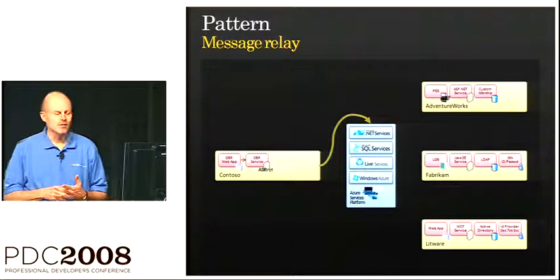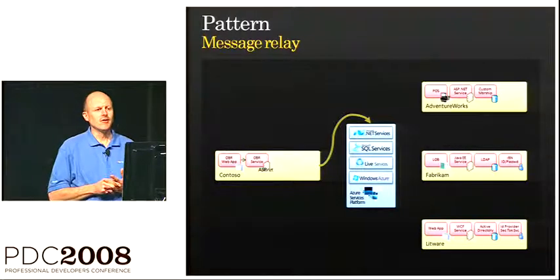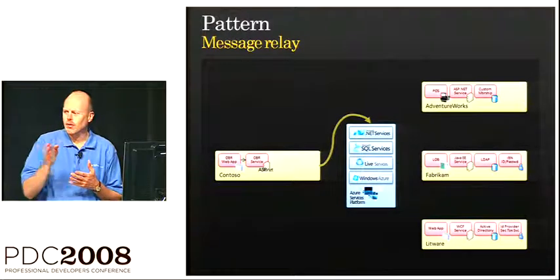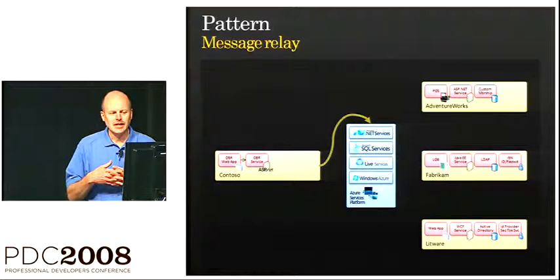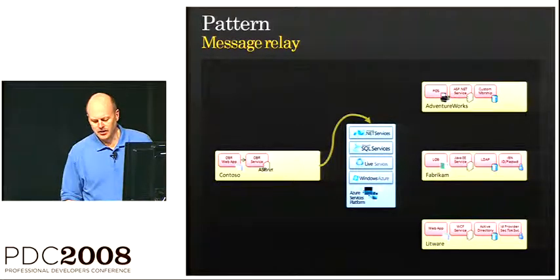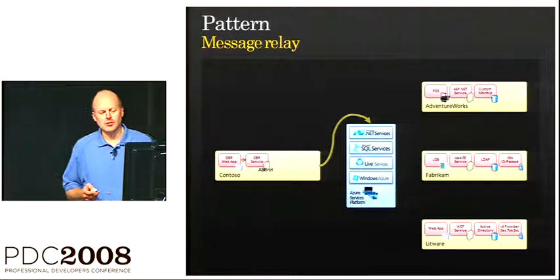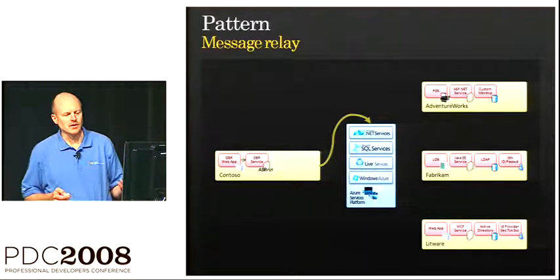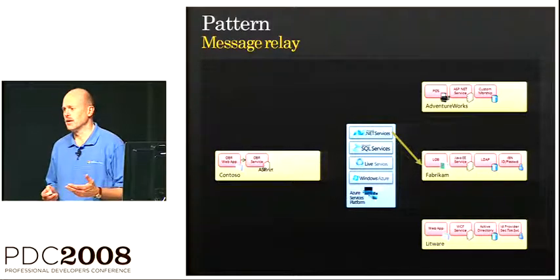The basic idea behind the message relay is that instead of having to have all the connectivity information to contact a remote partner and all the authentication on a point-to-point basis, essentially you can use the cloud to relay through. So effectively, I send the message to the .NET services in the cloud, and that message is then relayed to the ultimate recipient.